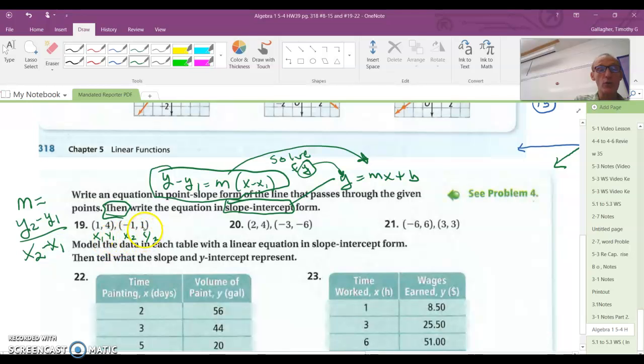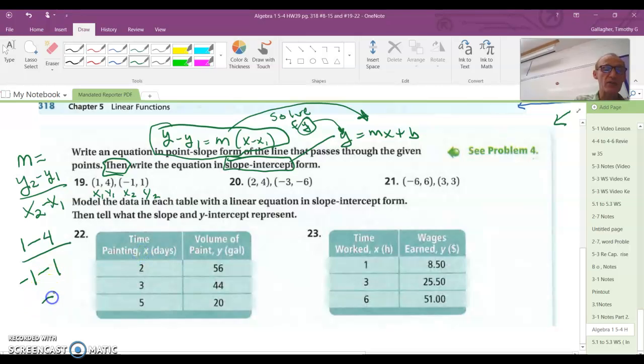So now you're going to plug the numbers in here to find the slope. So 1 minus 4 over negative 1 minus 1. Okay, so that is negative 3 over negative 2, which is positive 3 over positive 2.